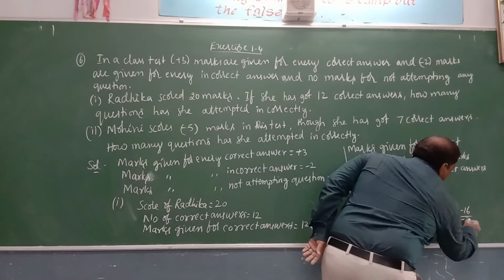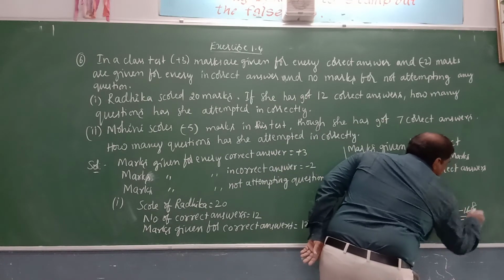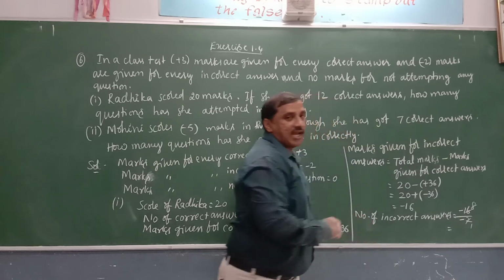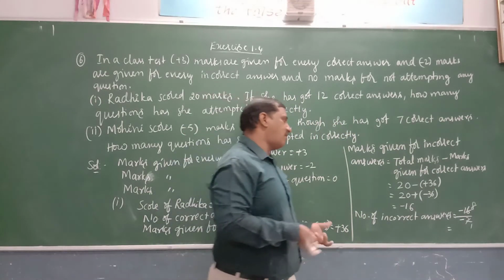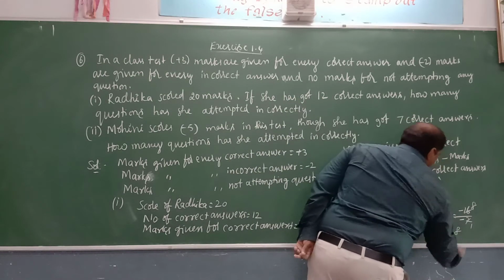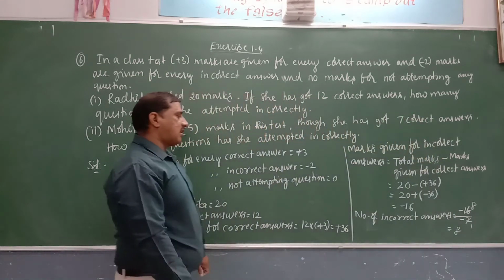Now we are dividing. 2 ones are 2, 2 8s are 16. So we are dividing a negative integer by a negative integer. Ignore these signs, we always get a positive sign. Therefore it is 8.